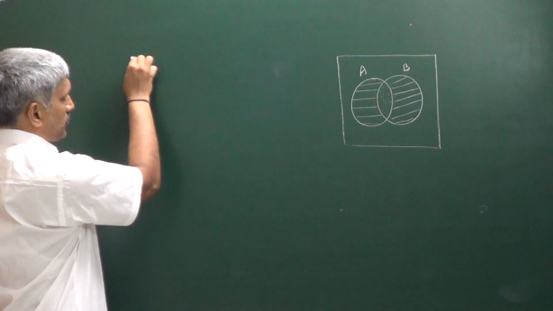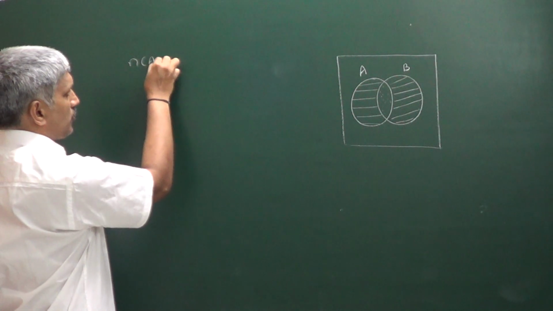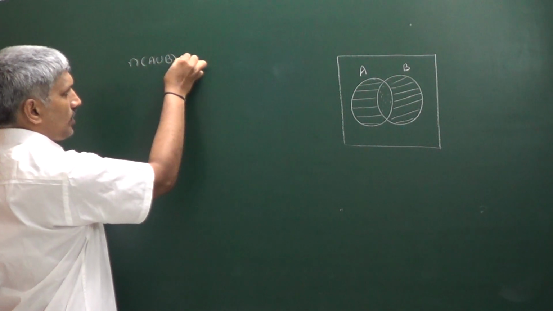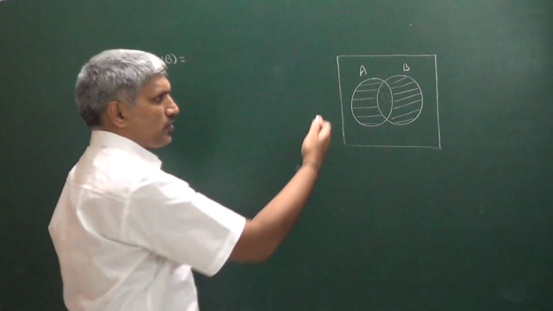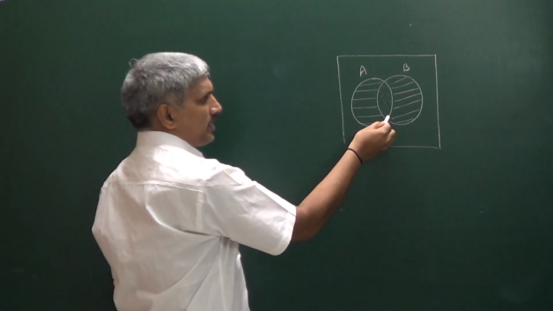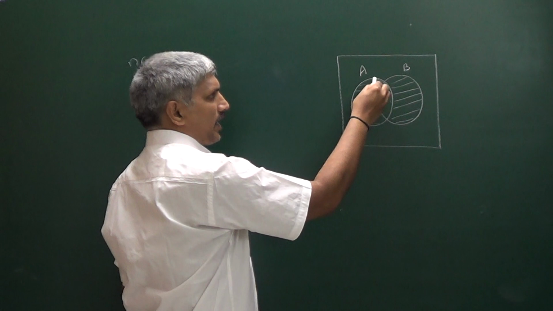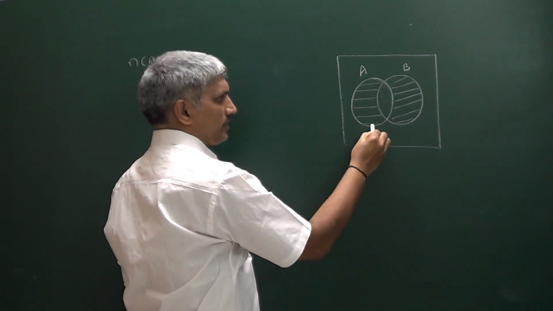Suppose you want to find the number of elements in A union B. What will we write?